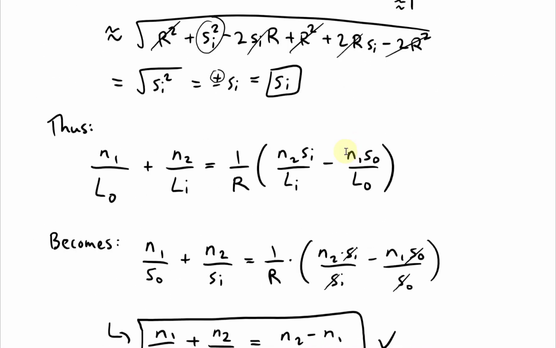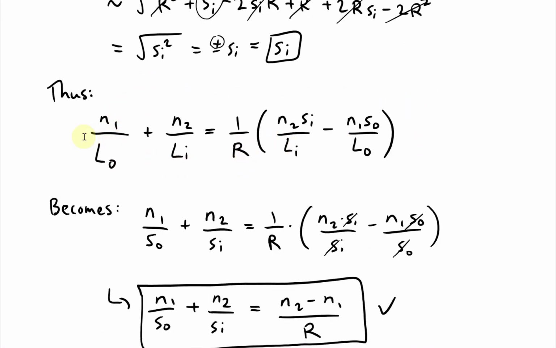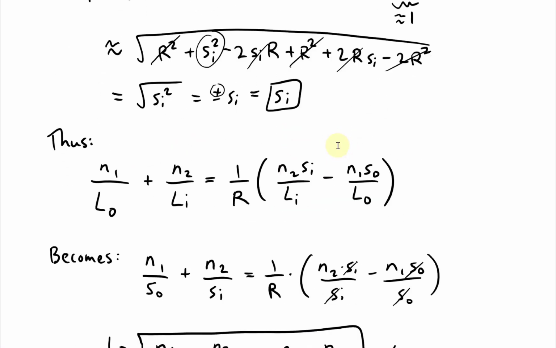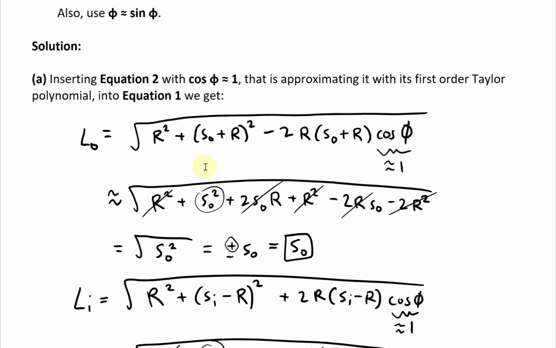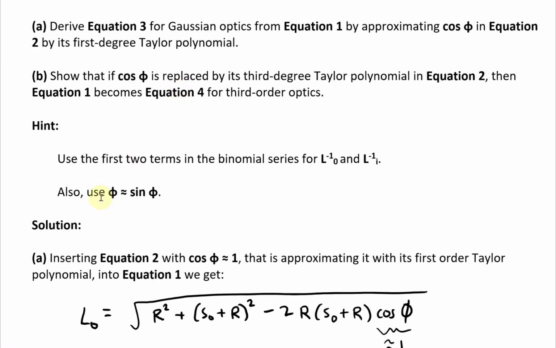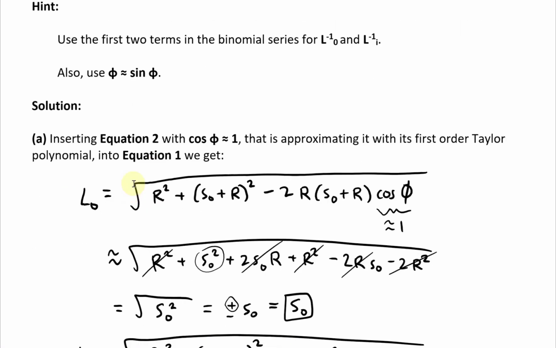The reason it's the power of negative 1 is because this is our equation 1, and we have this 1 divided by L naught, which is the same thing as L naught to the power of negative 1, and also 1 divided by Li, and so on. We want to write this in a binomial series form, and I'll show that in a bit. And also use phi is approximately equal to sine phi.